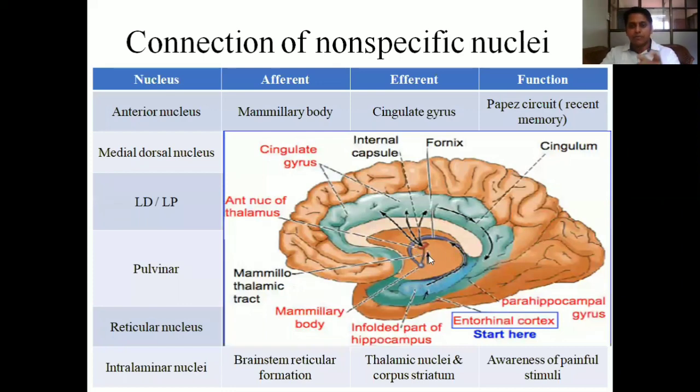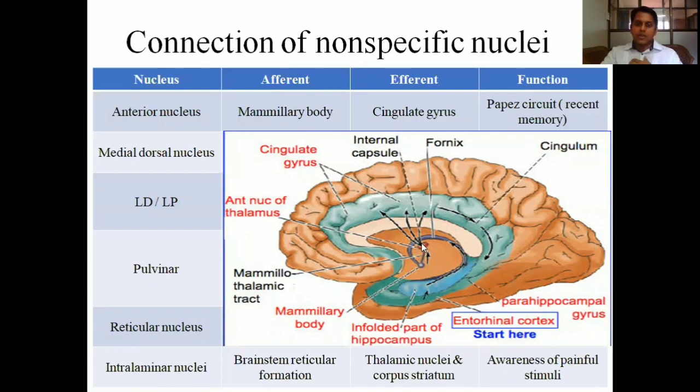We have to trace it completely. So right here is the hippocampus. From here ascends the fornix. The fornix ends in the mammillary body, which is present near the hypothalamus. From the mammillary body, fibers are given to the thalamus, to the anterior nucleus of the thalamus.